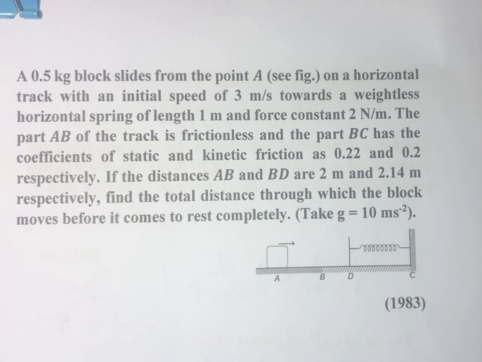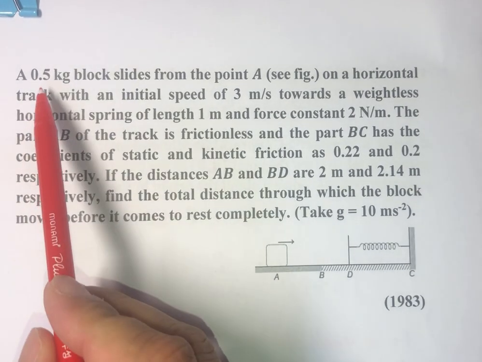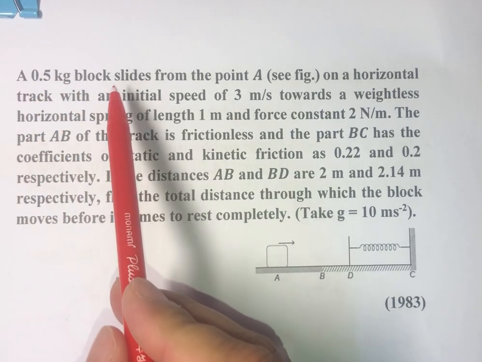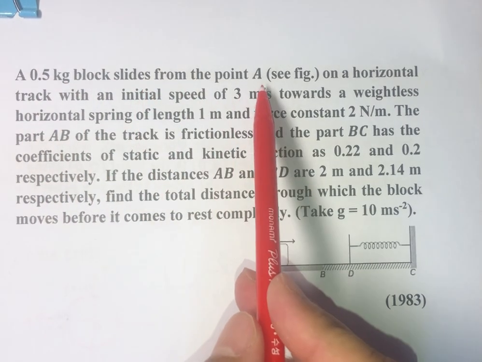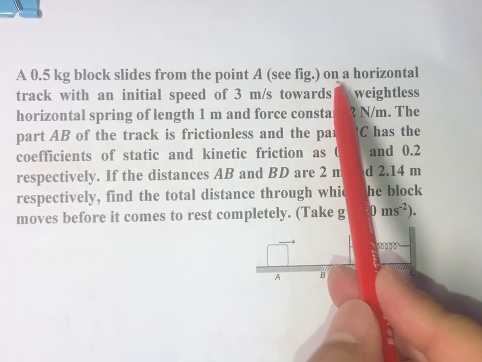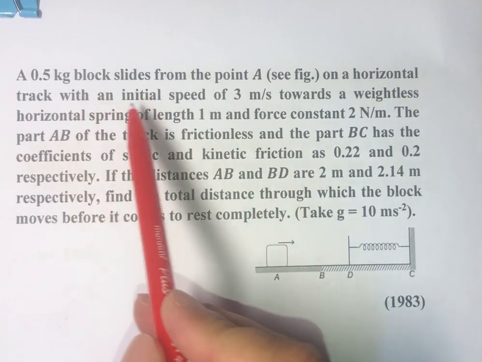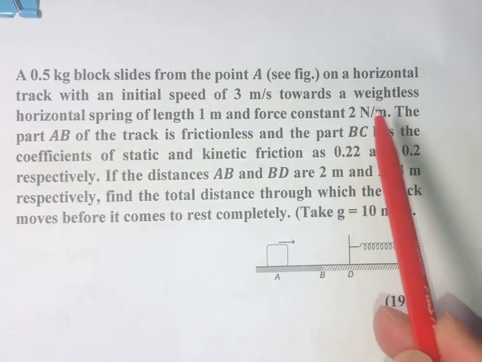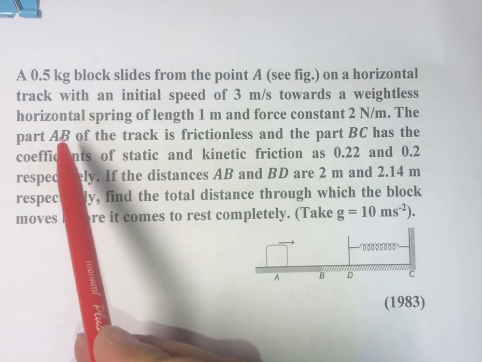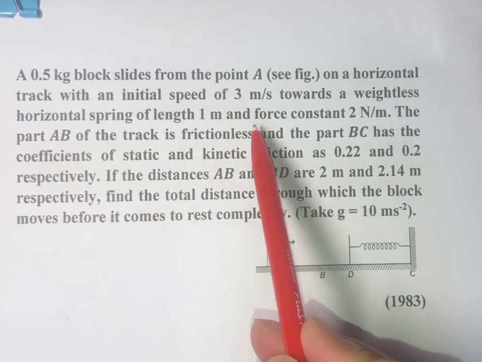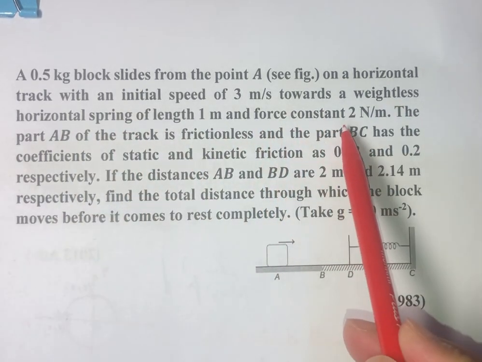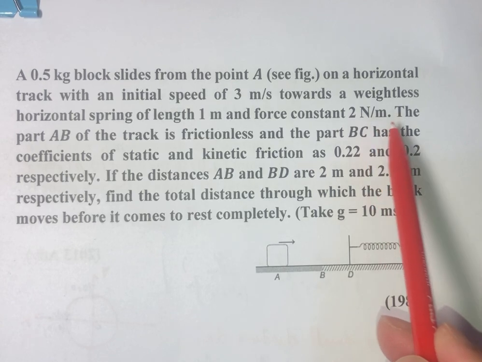Hello friends, in today's question, a block of 0.5 kg slides from a point A, as in the figure, on a horizontal track with an initial speed of 3 meters per second towards a weightless horizontal spring of length 1 meter and force constant of 2 Newton per meter.